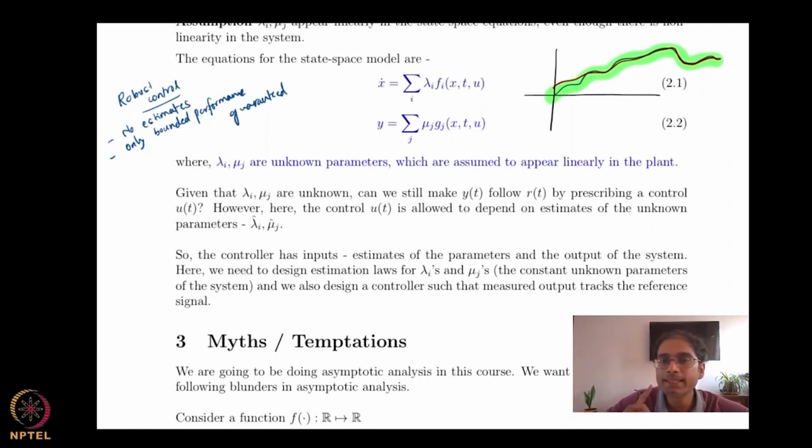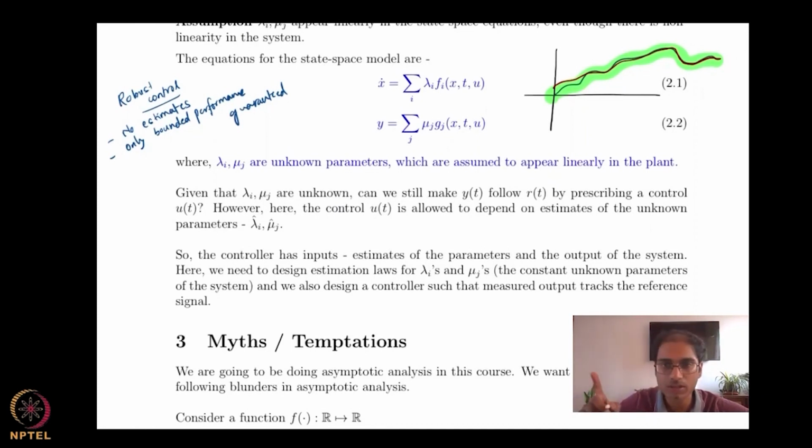Why is this? It's not free. Nothing is free. This is because we construct estimates for the lambda i's and mu j's, and these estimates are used in the controller.